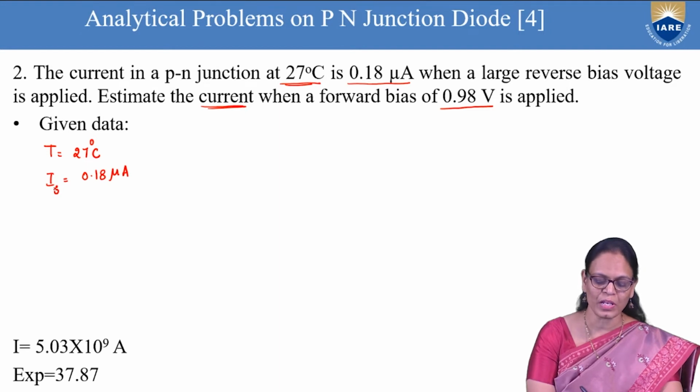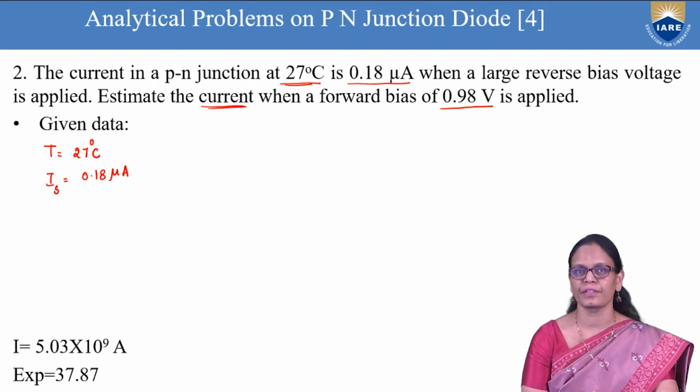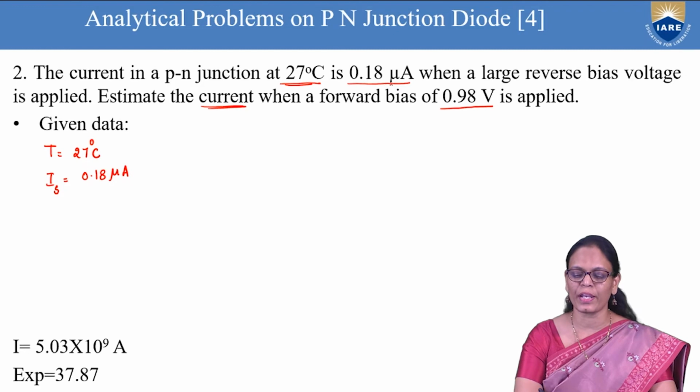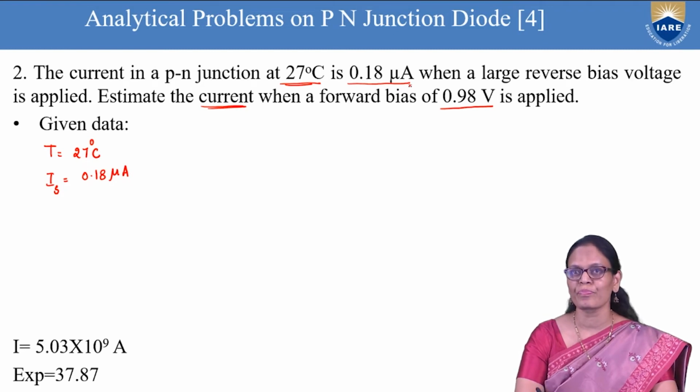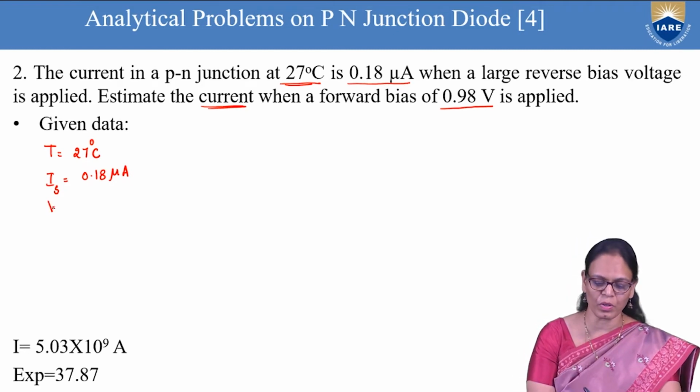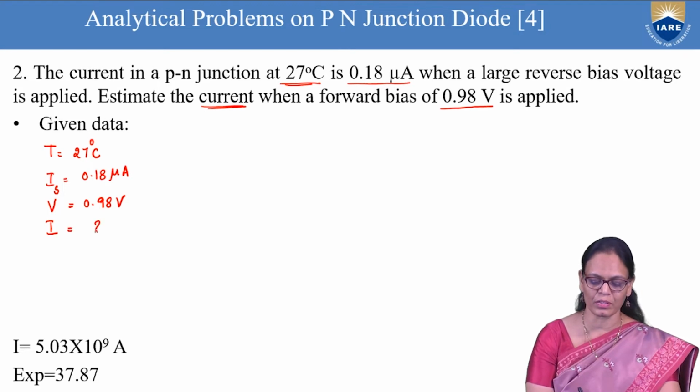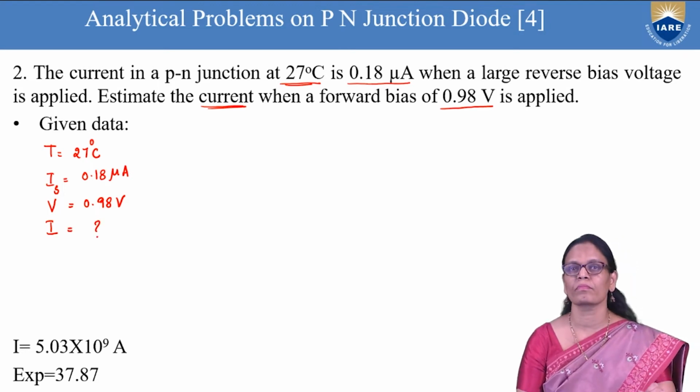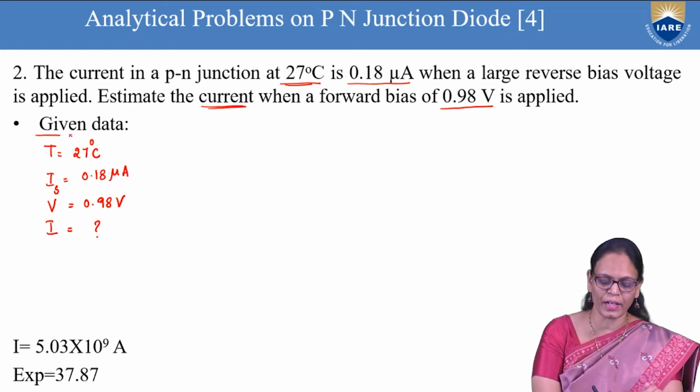So this is the saturation current, 0.18 microampere, and the forward voltage is 0.98 volts. We have to estimate the current. I is equal to how much? So this is the data given.